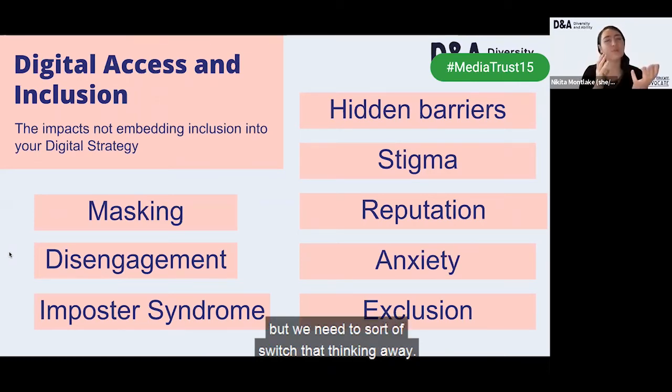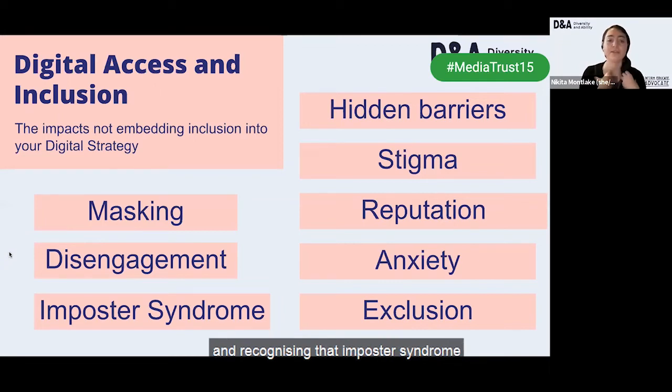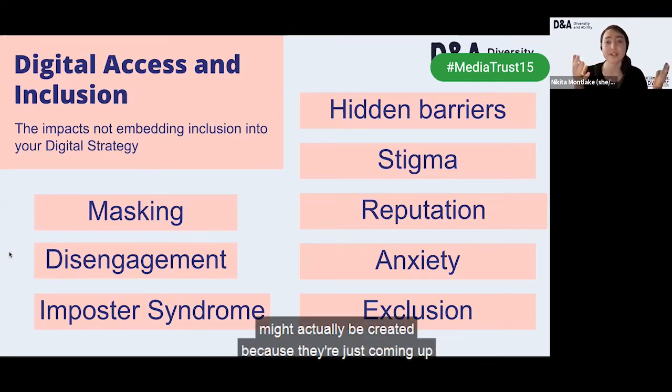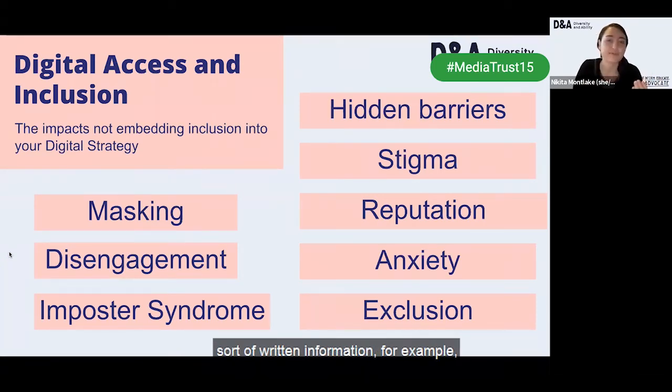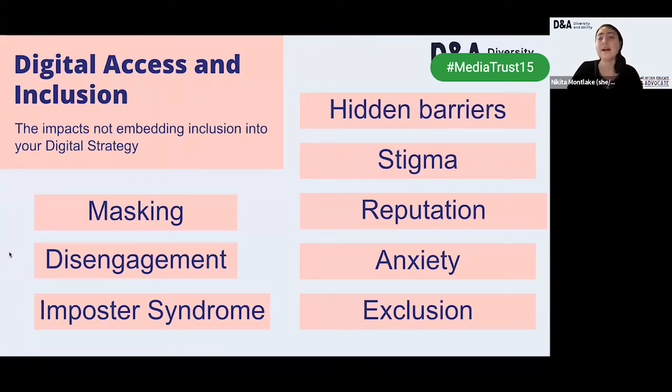But we need to switch that thinking away. This is, again, that medical model thinking. We need to move away from the individual thinking they're not doing their job properly, and recognize that imposter syndrome might be created because they're just coming up against barrier after barrier. And thinking again, what are those hidden barriers? We'll come into detail around written information, for example, and how things look digitally and how that can cause barriers that you may not be aware of.